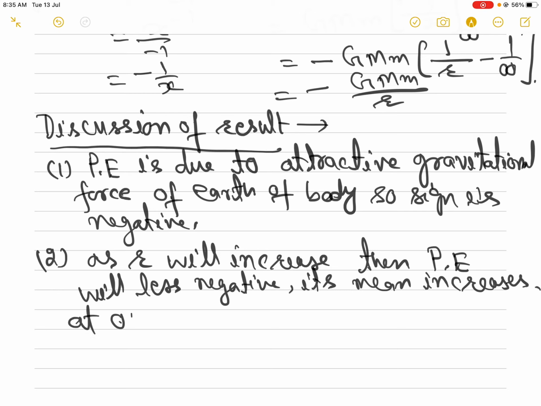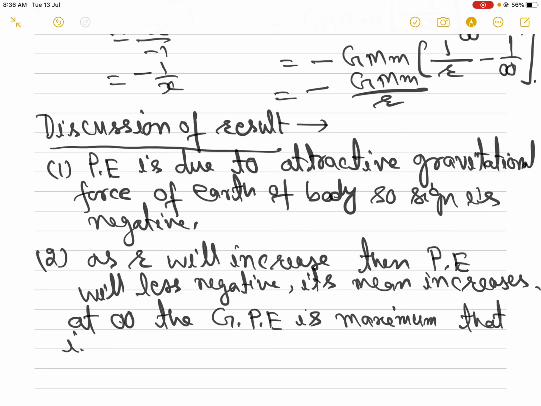At infinity, the gravitational potential energy is maximum, that is 0.